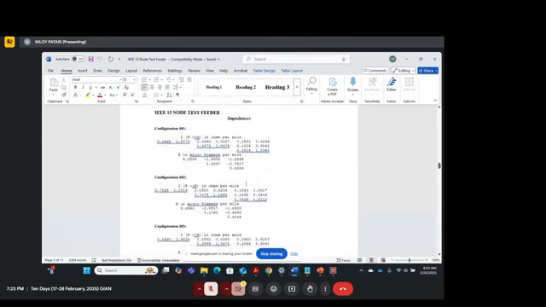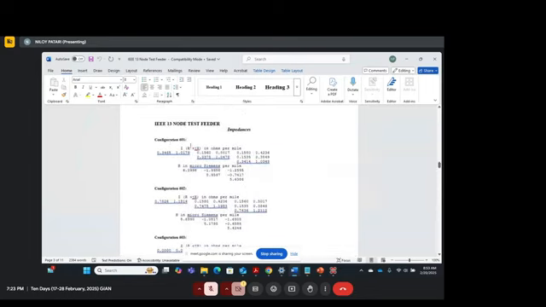Now, if you come here, the 601 configuration R and X values are already given here. It looks a bit different, right? It looks like a 3x3 matrix where the elements 2,1, 3,1, 3,2 are not given.